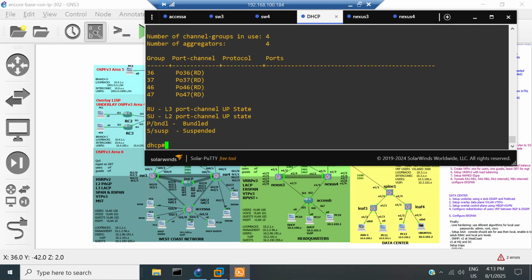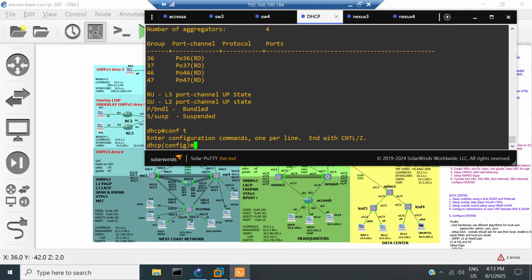Okay, I have created the port channels, but they don't have any member interfaces, so I'm going to do that.